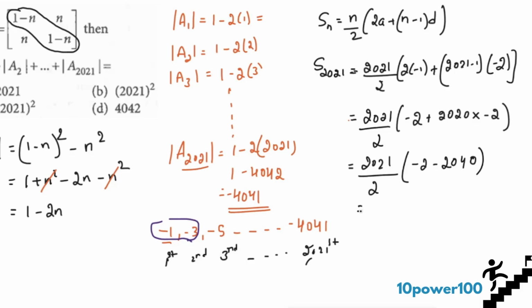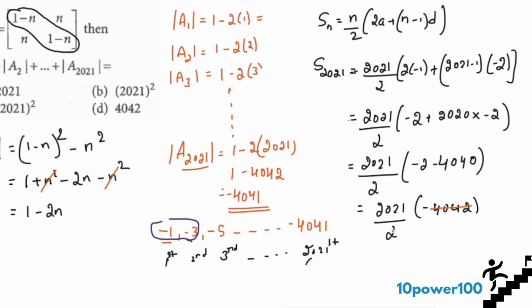Okay, now if you add these two, we get minus... Sorry, I made a mistake once again. It is 4040. So the final answer becomes 4042, right? Now, let's divide 4042 by 2.